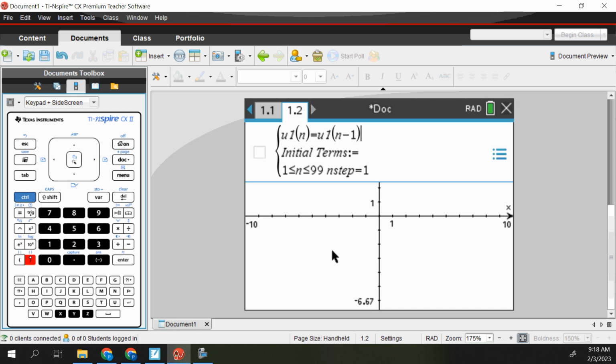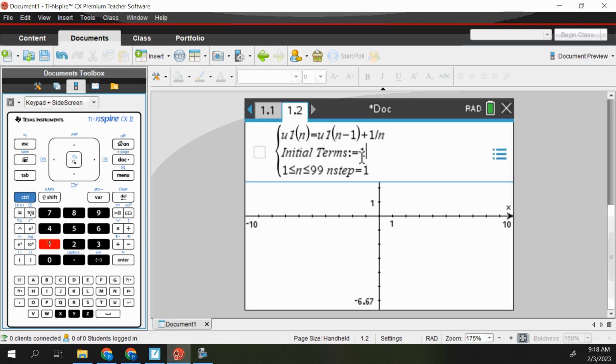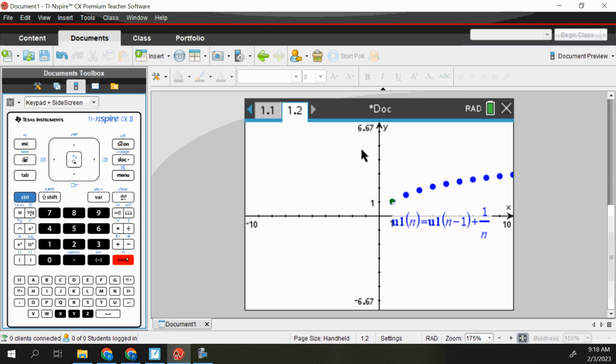That's like saying a sub n minus 1, or the previous term. And then you're going to add on 1 divided by n. And then our initial term, we would be putting 1 in. So 1 over 1 is just 1. So we're going to go to a control T.